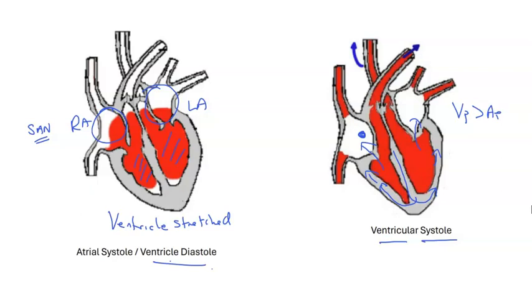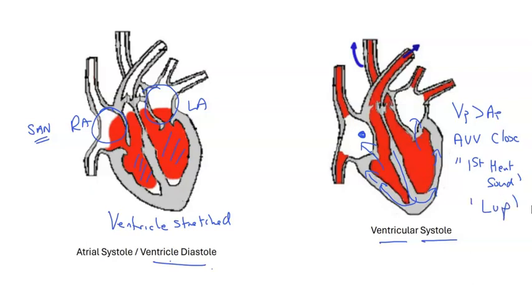So at that time, the atrioventricular valves close. And when they do so, they make a sound. And this is referred to as the first heart sound, lup is the descriptive term.